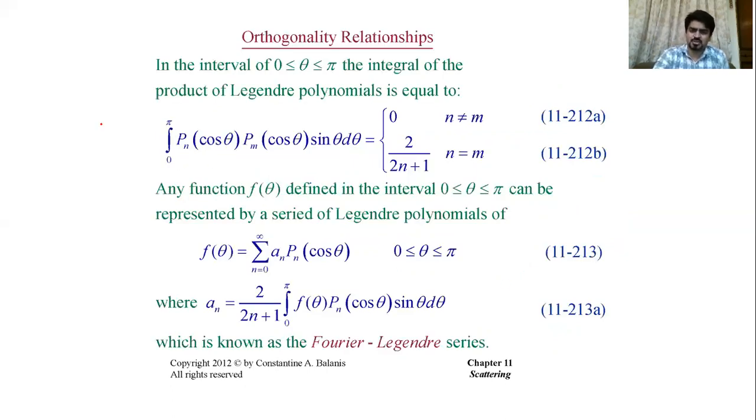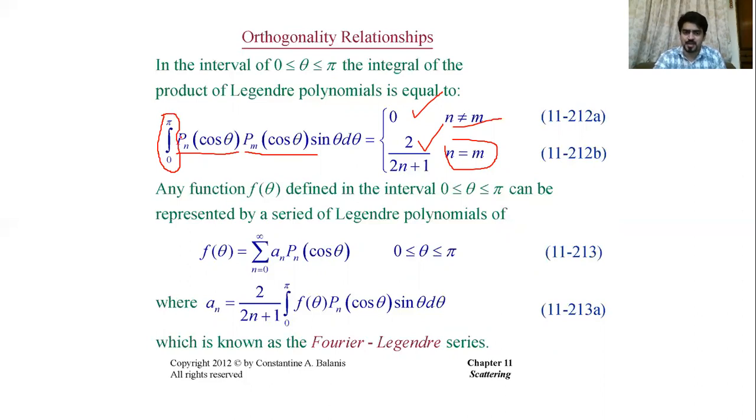So these are the orthogonality relations. Here, this is one Legendre polynomial, Pn of cosine theta, and there is another, Pm of cosine theta. When n is not equal to m, the integral will be 0, and for n equals m it will have a non-zero value. Again, we are integrating over theta equals 0 to pi.